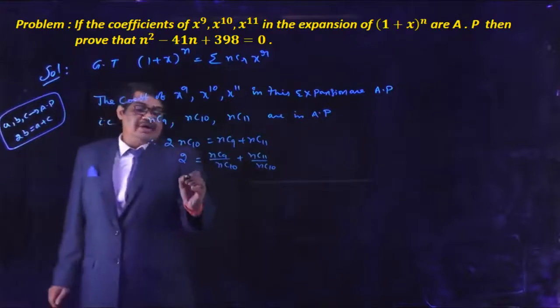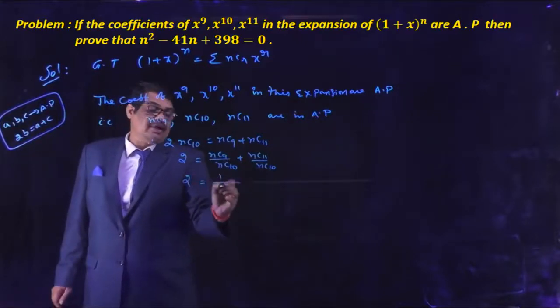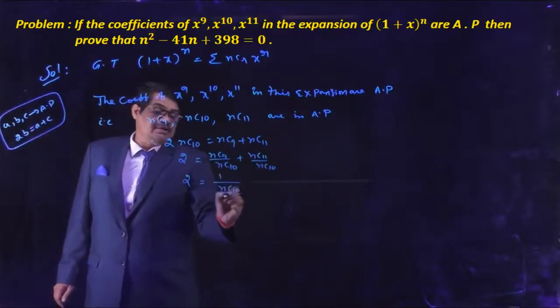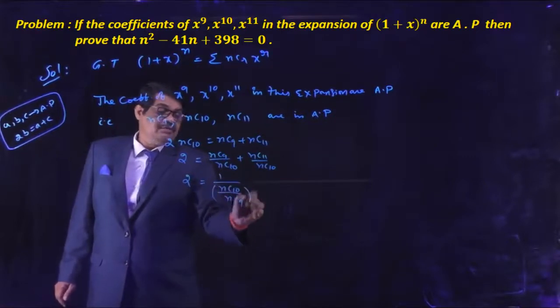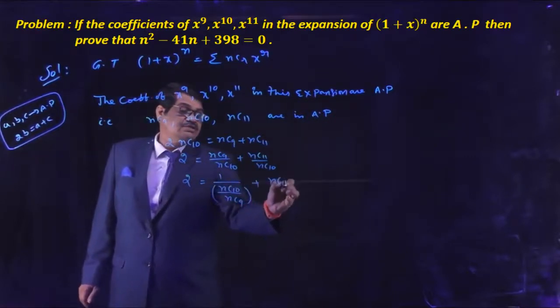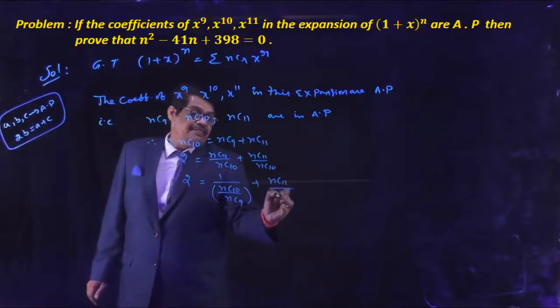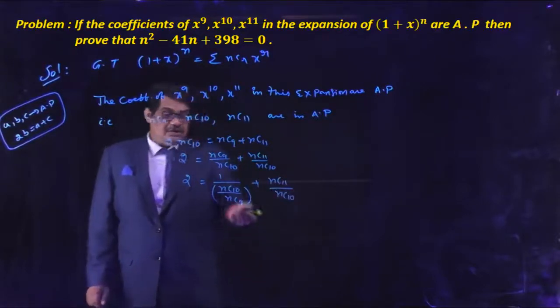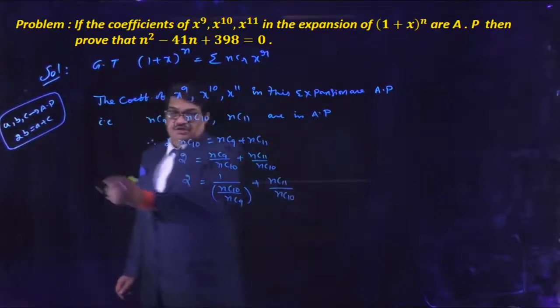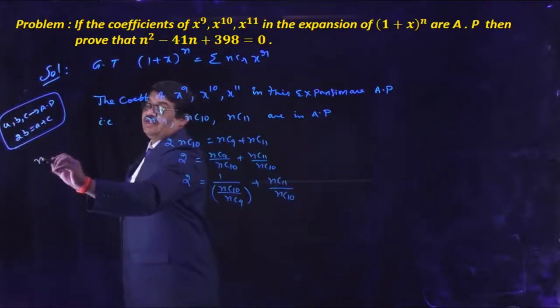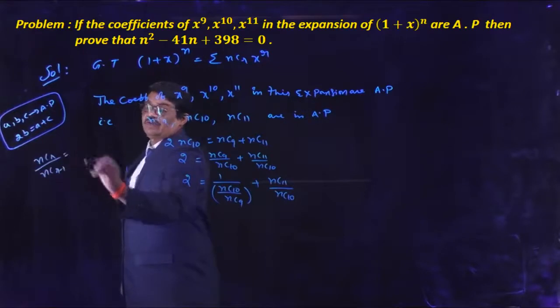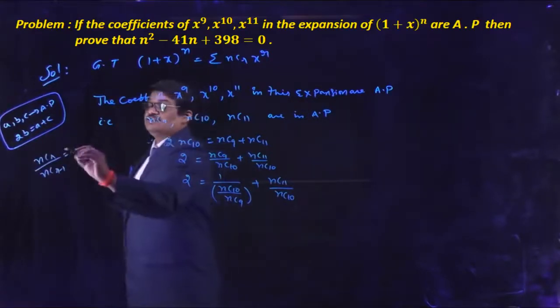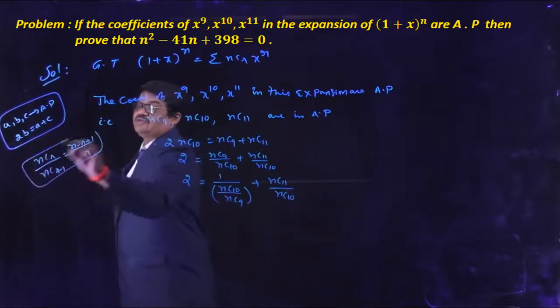Now this can be written as 2 = 1/(nC10/nC9) + nC11/nC10. Here we are using the formula nCr/nC(r-1) = (n - r + 1)/r. We already discussed this formula.